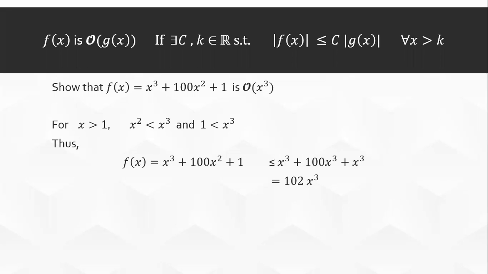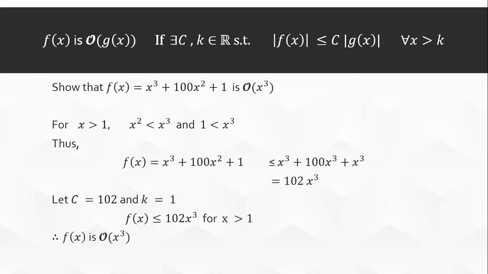And 1, from my premises up there, is less than or equal to x cubed. So as long as x is greater than 1, x cubed plus 100x squared plus 1 is less than or equal to 102x cubed. I found my c and my k. Therefore, f of x is big O x cubed.